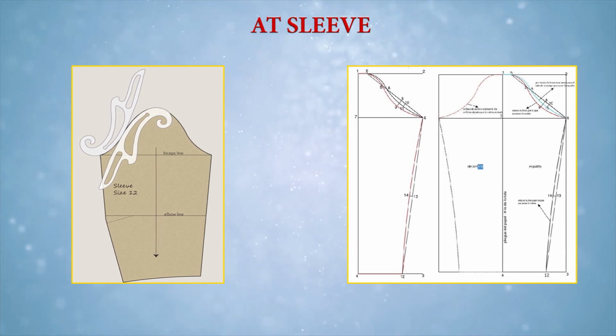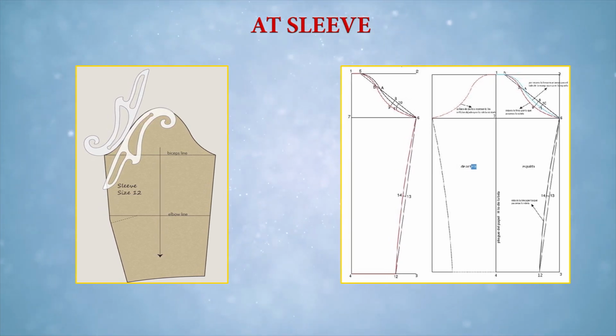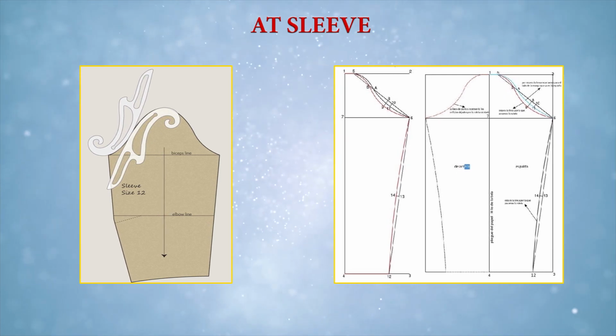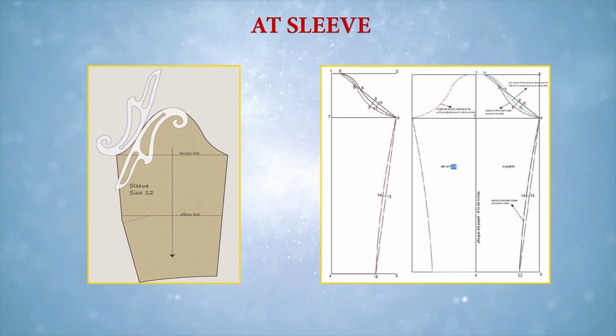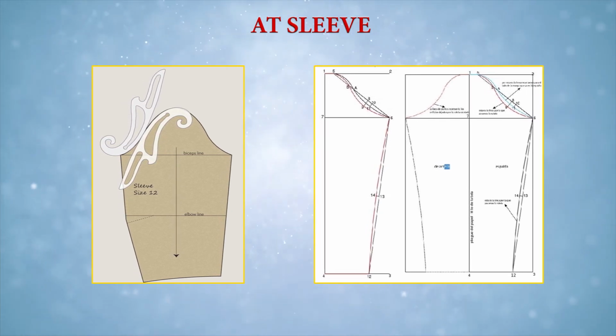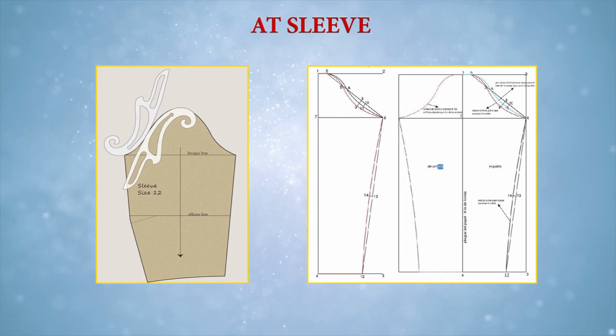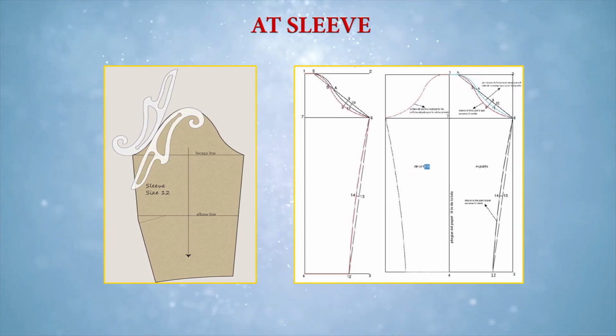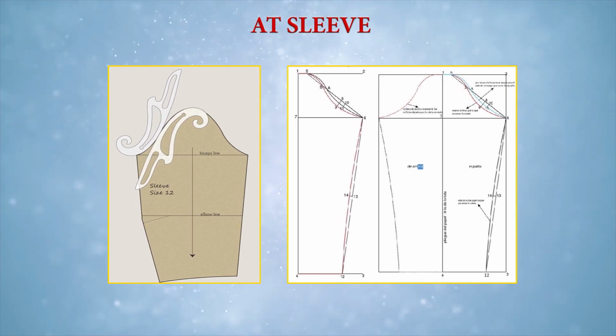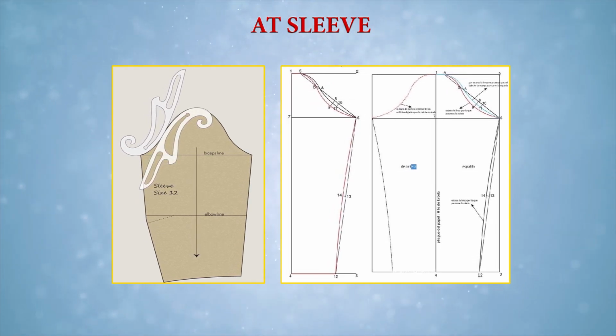When you develop a sleeve block, we have the sleeve cap on the upper side. In the first picture you can see above, it is a round shape above the block, and it is the sleeve cap from where our arm goes inside the sleeve. To give it a round, smooth shape, we use the French curve at that part of the sleeve. So this is how we explained how we can use the French curve at the neckline, at the sleeve and at the armhole.